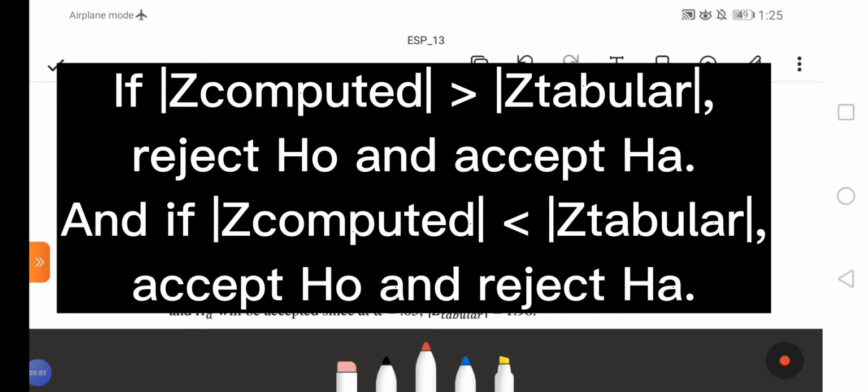But when the absolute value of z computed is less than the absolute value of z tabular, we have to accept the null hypothesis and reject the alternative hypothesis. Please note the difference of accepting and rejecting the two hypotheses.